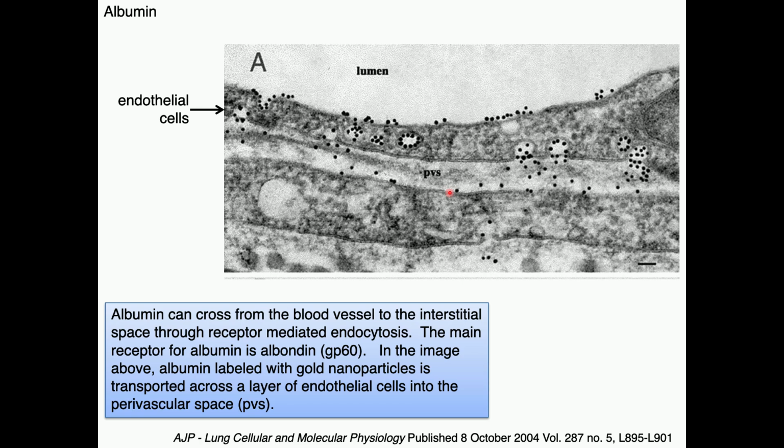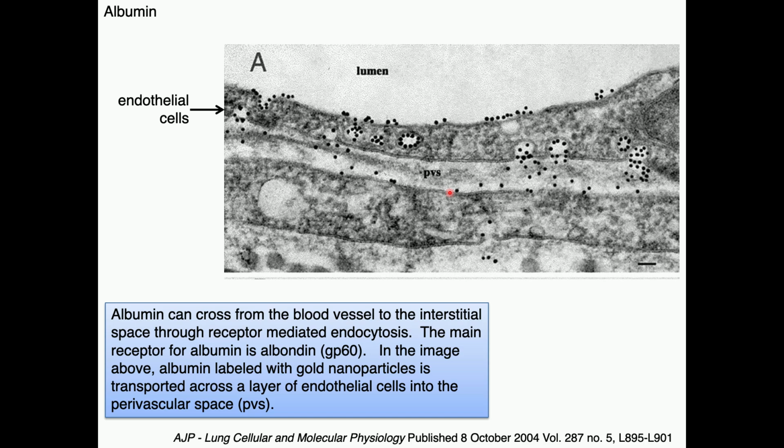So it's a nice demonstration of that feature of albumin of crossing that endothelial barrier and delivering its contents to the tissue. This is important for albumin's normal function within our body, and this feature has been exploited therapeutically to deliver cytotoxic drugs to cancer cells.